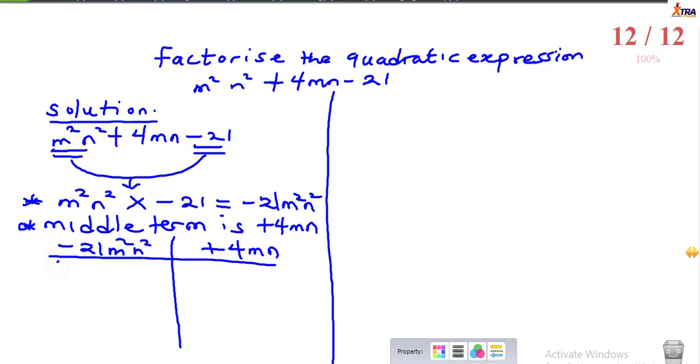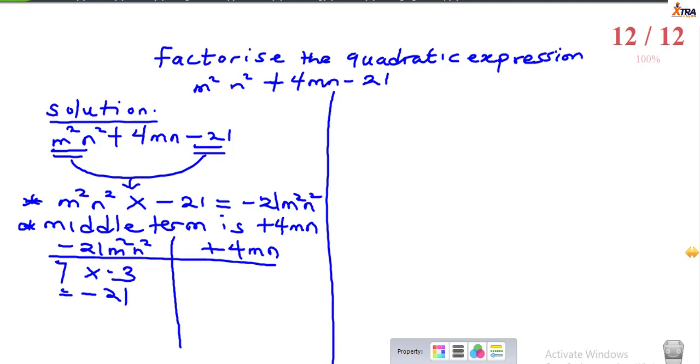What if I try 7 and 3? 7 and 3, definitely when I multiply that together, it will give me 21. But we're looking at minus 21 here. So what do I do? I can put a negative in front of 3, so that when I do this, I have minus 21, which works for what I'm looking for.